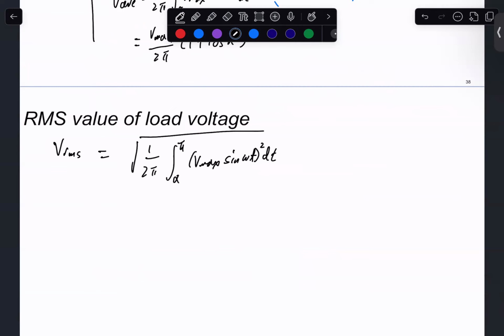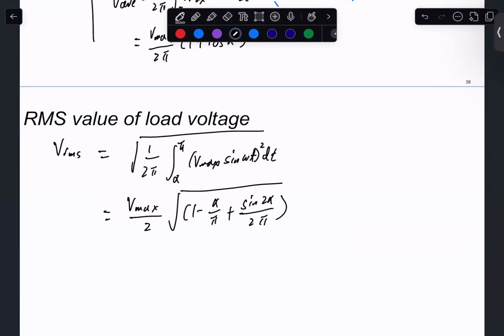This calculation is slightly more complex to do, but at the end of the day, the result is Vmax over 2 times the square root of 1 minus alpha over pi plus sine 2 alpha over 2 pi. So this is something that you want to write down on your cheat sheet during exam times. But once we have the formula, then finding the average voltage is quite simple. You get all the numbers and then plug them in.